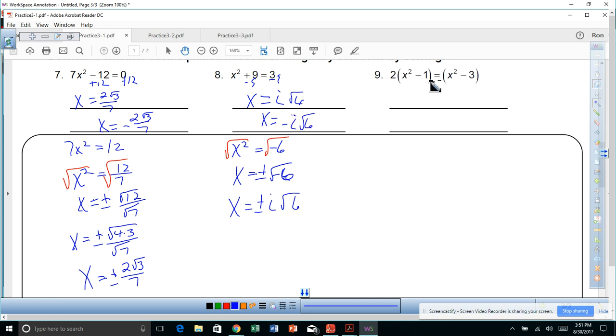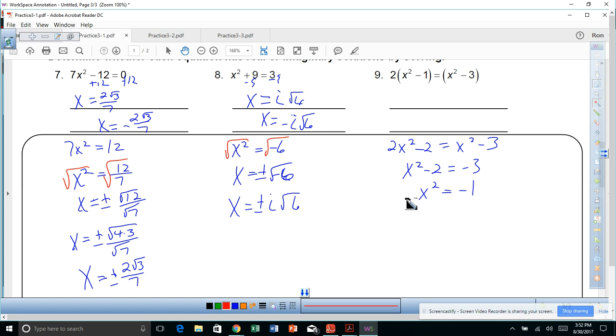Looking at 9, I'm going to distribute the 2 in first. I get 2x squared minus 2 equals x squared minus 3. So I'm going to subtract x squared from both sides, and I get x squared minus 2 equals negative 3. I'm going to add 2 to both sides. I get x squared equals negative 1.